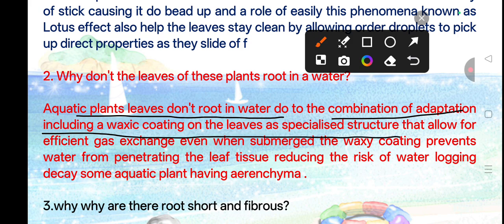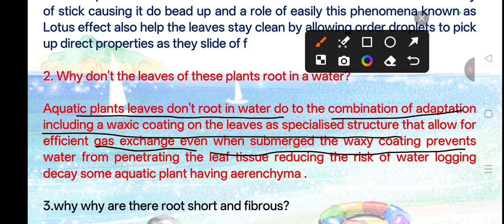Almost all aquatic plants, like the lotus, have a waxy coating layer. That waxy coating layer gives a specialized structure that allows efficient gas exchange even when submerged.